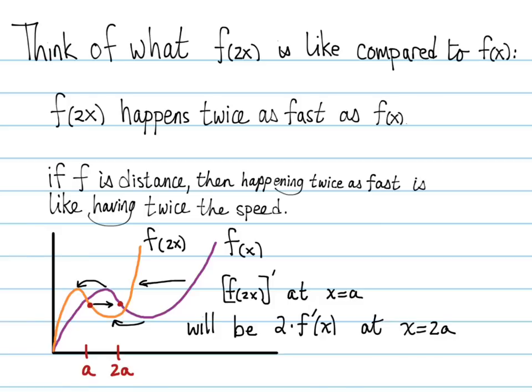In fact, they're basically the same, except that since f of 2x is happening twice as fast, the slope has to be twice the slope of f of x at 2a. And so we get the equation that the derivative of f of 2x evaluated at a, which means plug in a, is 2 times f prime at 2a.